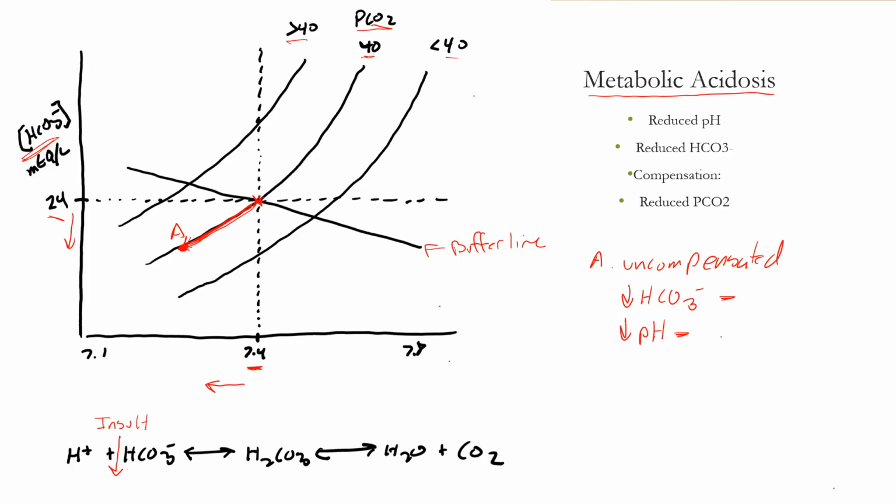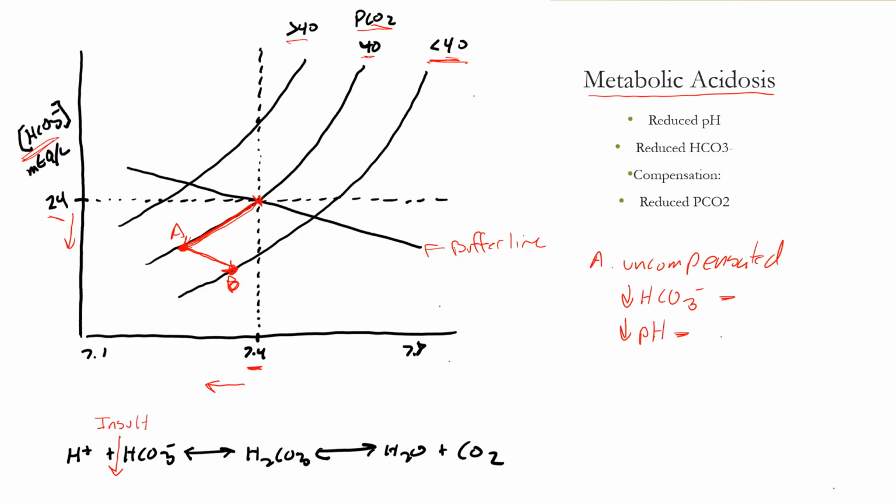So I'm going to draw another line right to here. Now we're going to move in this direction towards point B. This line is parallel to my buffer line because there are other buffers that are going to help us out there, so it follows parallel to that slope. But you'll notice I'm shifting curves to now the decreased PCO2 of less than 40.